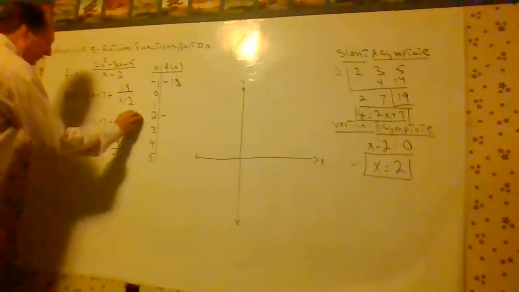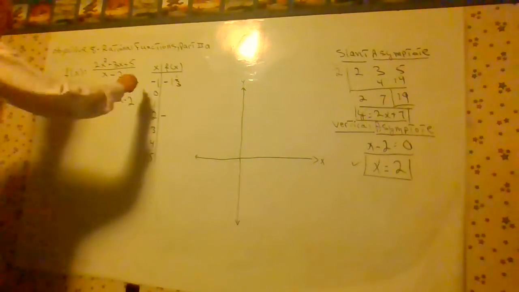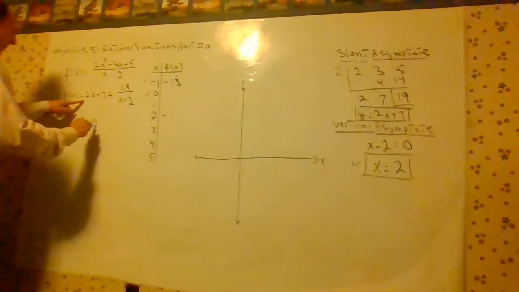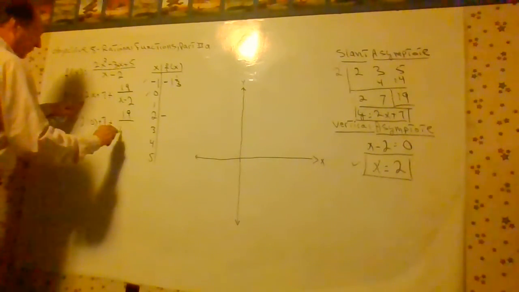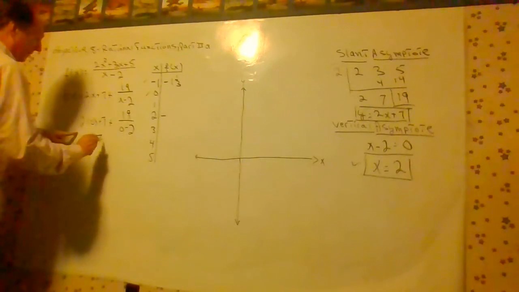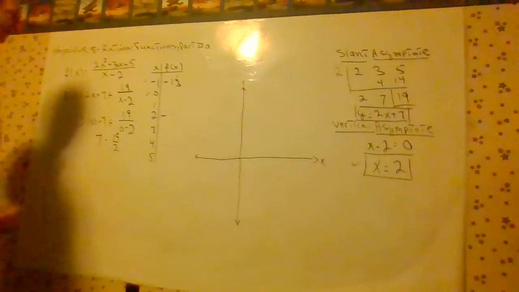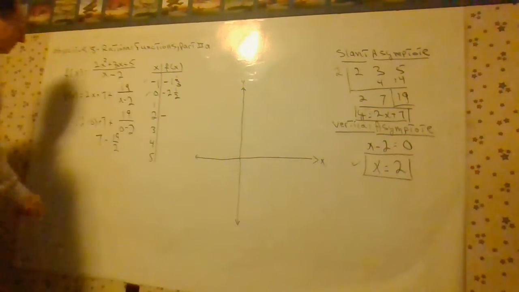Now on to 0, plug in 0, 2 times 0 plus 7, plus 19 over 0 minus 2, 7 minus 19 halves, 7 minus 9 1/2, minus 2 1/2.